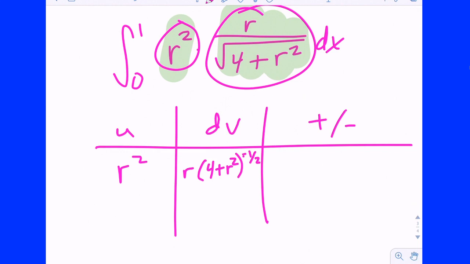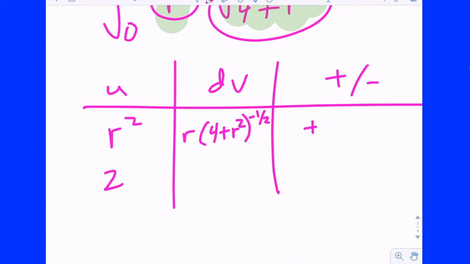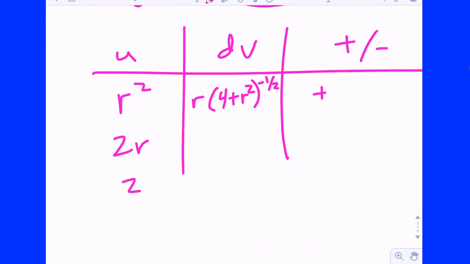I'll bring it to the top. Negative 1/2. Plus or minus. Oops, plus. Sorry. So let's go. I got 2r, and then I got 2, and then I got 0. The antiderivative of this, by the power rule, I'm off by a what? I'm off by a 2, so I have a correction of a 1/2.